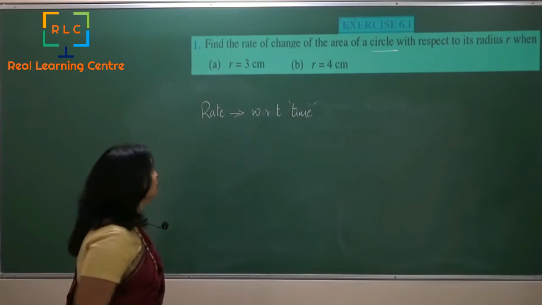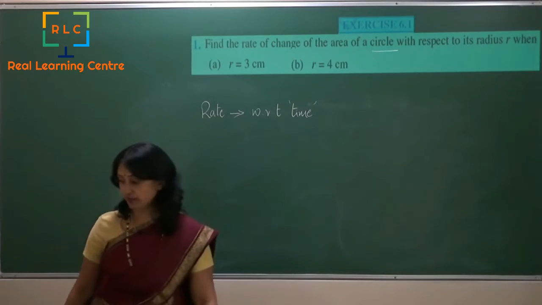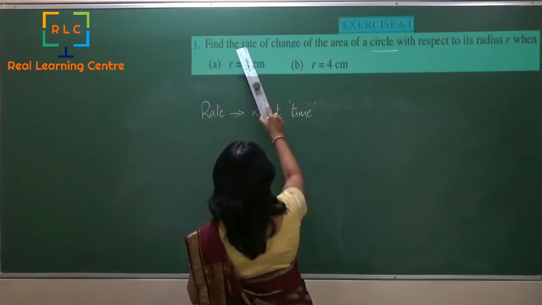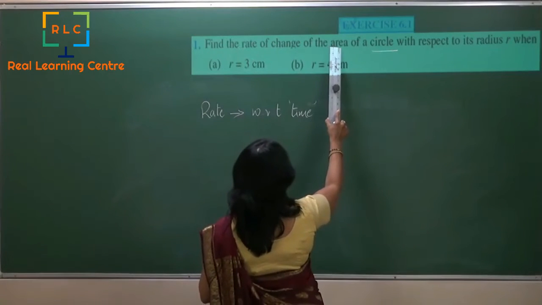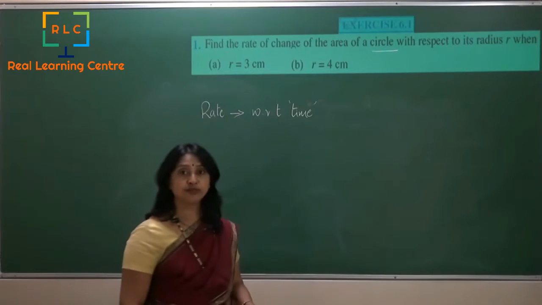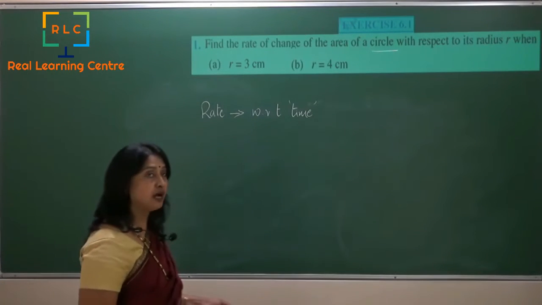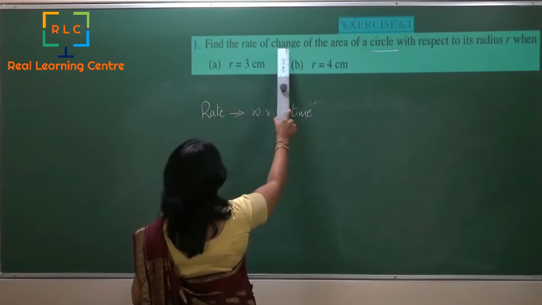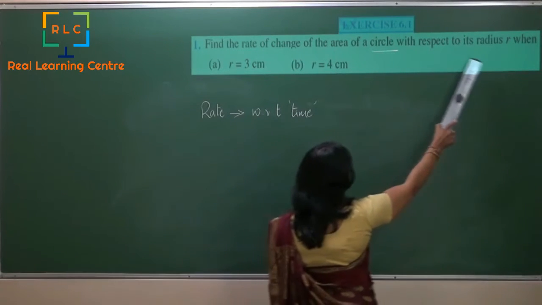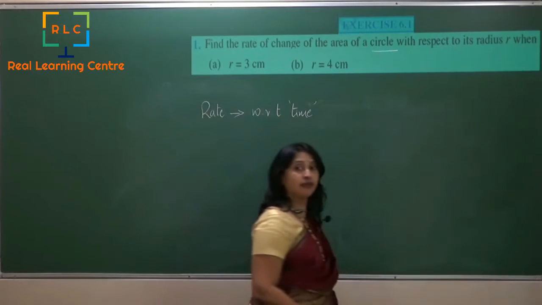Okay. So here in this particular question, they have asked us to do with respect to the radius. See, I want the rate of change of area with respect to its radius. So I need to find out dA by dr. Rate of change of area: area comes in the numerator, and with respect to whatever you have, that comes in the denominator, and that is r.